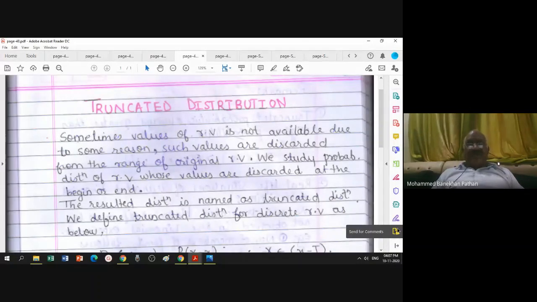So I know my experiment follows the characteristics of binomial, but the 0 value is not observed in the experiment. I will not discard the entire experiment. I will discard only the first value which is not observed, and for the rest of the values, I will apply the binomial distribution. So in such cases, we go by truncation. After applying truncation, the resultant distribution is labeled a truncated distribution.